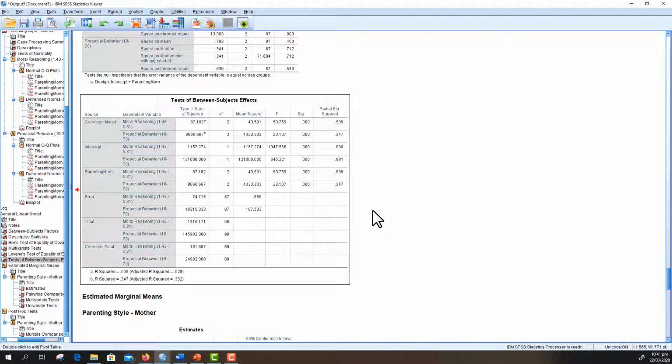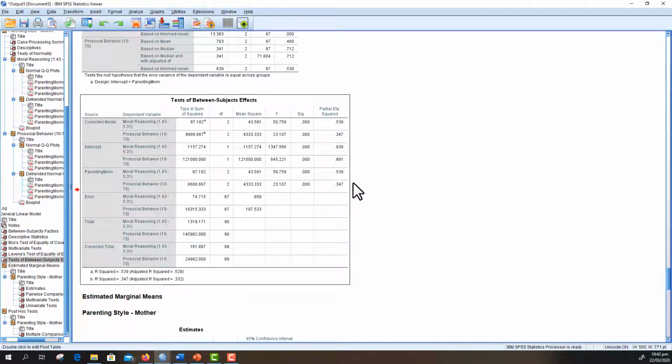But just like what you learned when we run a post hoc analysis, when you do several tests, in this case, we are running 2 separate univariate tests to test each dependent variable.